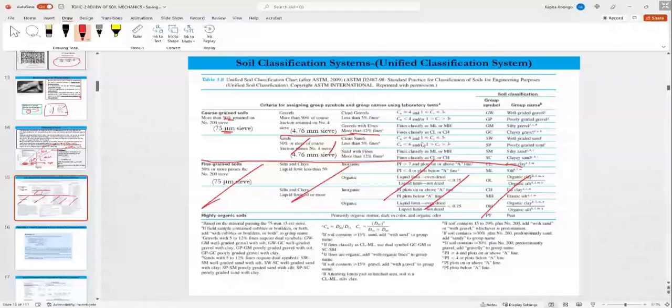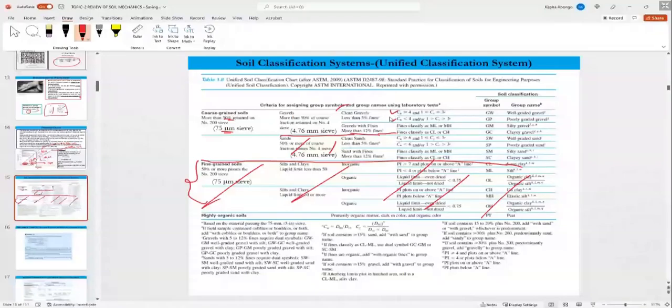All right, then I check the percentage of fines here. Is the percentage of fines less than 5% or more than 12%? If it was less than 5%, then I had to get the coefficient of uniformity and the coefficient of curvature.